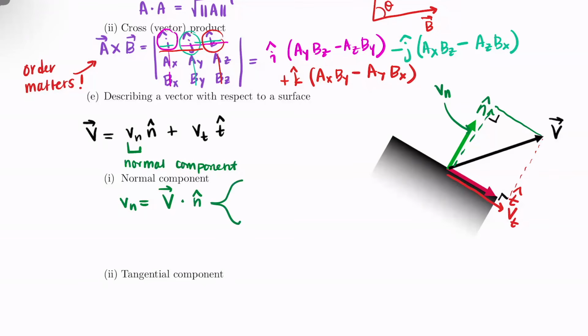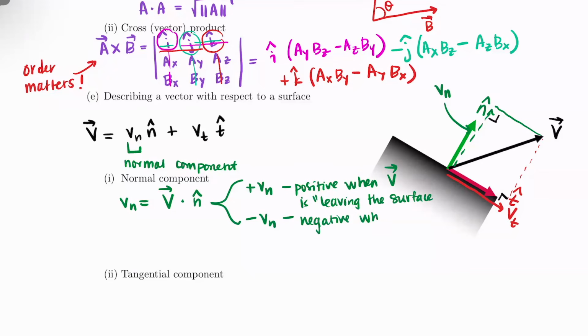So this dot product will be positive if the velocity is leaving our surface. And it's going to be negative when it's coming in, or when it enters.